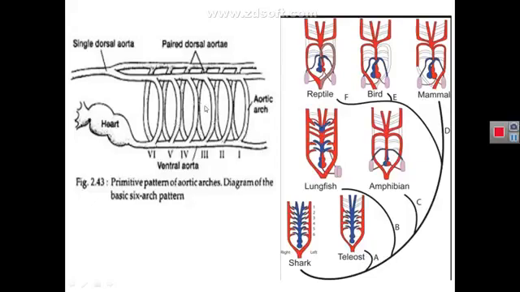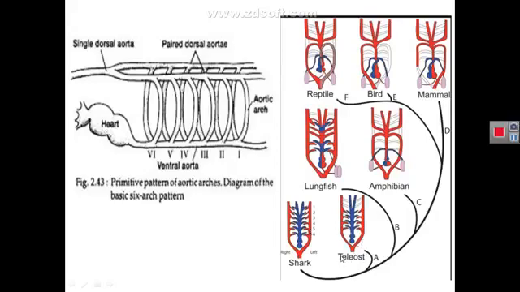Some of these 6 arches will disappear, the others will be further developed, resulting in the specific configuration for each species of arterial system. And you can see, for example, in bird, the gray drawn arches are arches that disappear, and the colored are arches that developed. In birds, some disappeared and others developed, and so on.